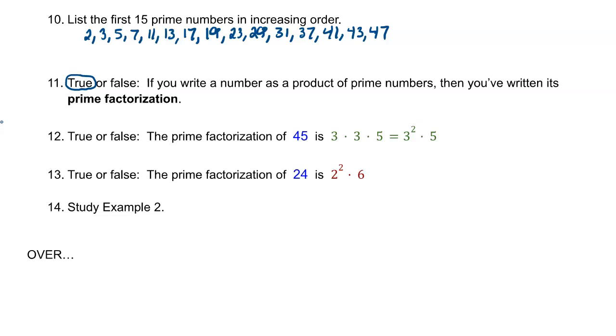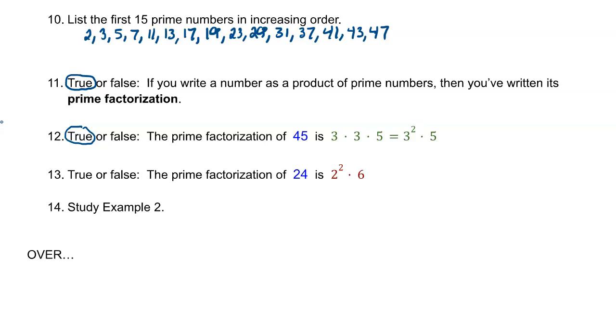Well, what you want to do to check if this is true is, first of all, do the numbers actually multiply to 45? 3 times 3 is 9. 9 times 5 is 45. So the product makes 45. Is the product built from prime numbers? Yes, it is. 3 and 5 are prime numbers. This is true.